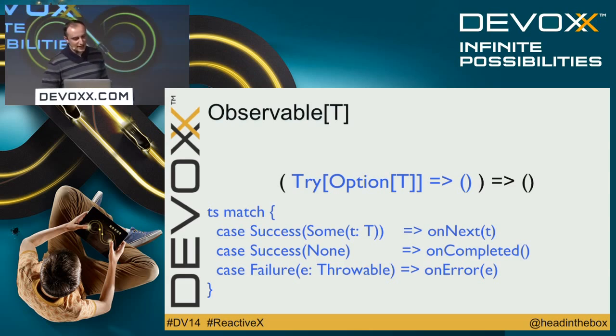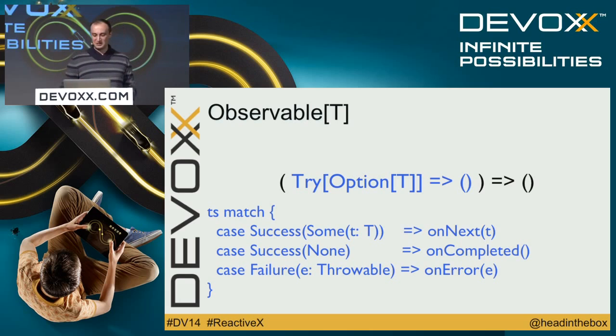So in Scala, what we would do is take this Try of Option of T and then pattern match on it. So Success of Some of T and then do something, or Success of None, meaning we have completed, or Failure with some error. But honestly, I find this a bit nasty.